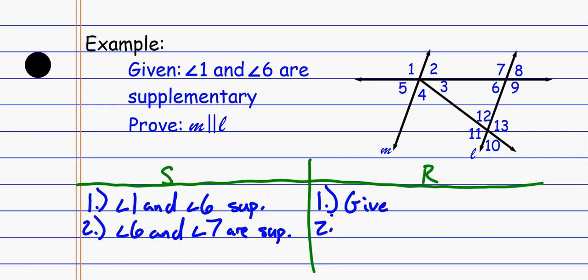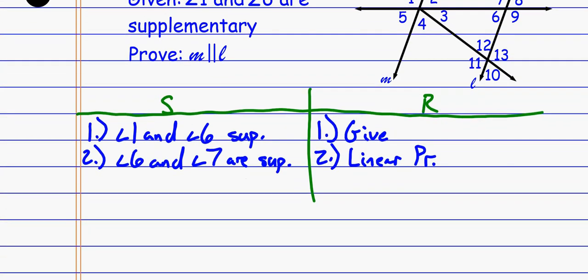And I know that because they're a linear pair. Okay? And again, we could state that in about 3 steps or so. But I think we have a reasonable justification based on the description that I've been given here. Okay? Based on what I've been shown and all that.